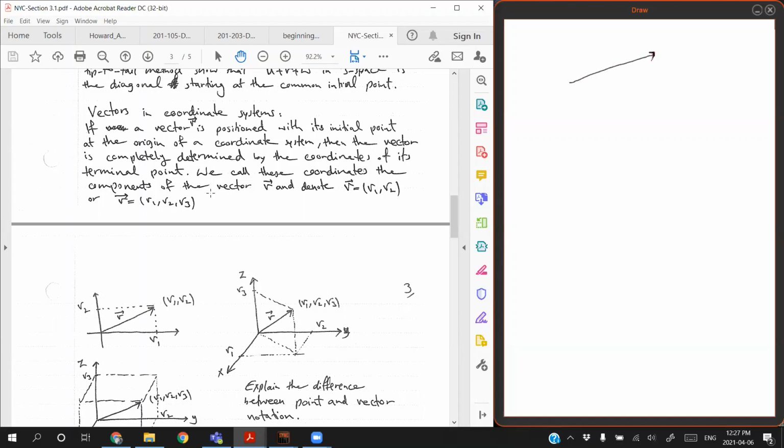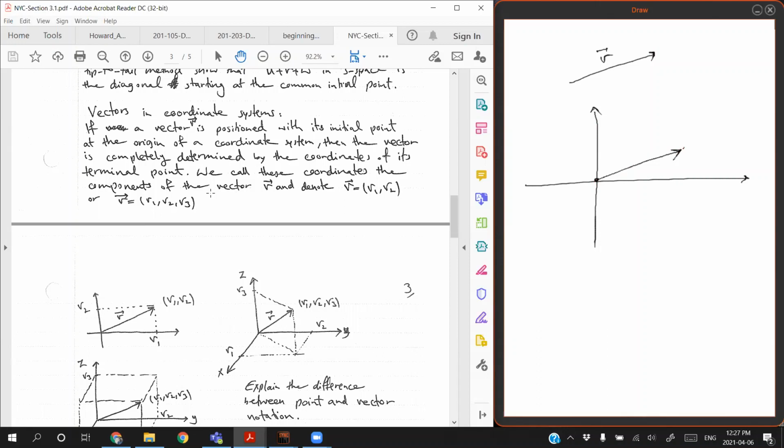You have this one here, and let's say it's vector v, and you introduce a coordinate system. And you translate this vector, you bring it over here so that its initial point is going to be at the origin.